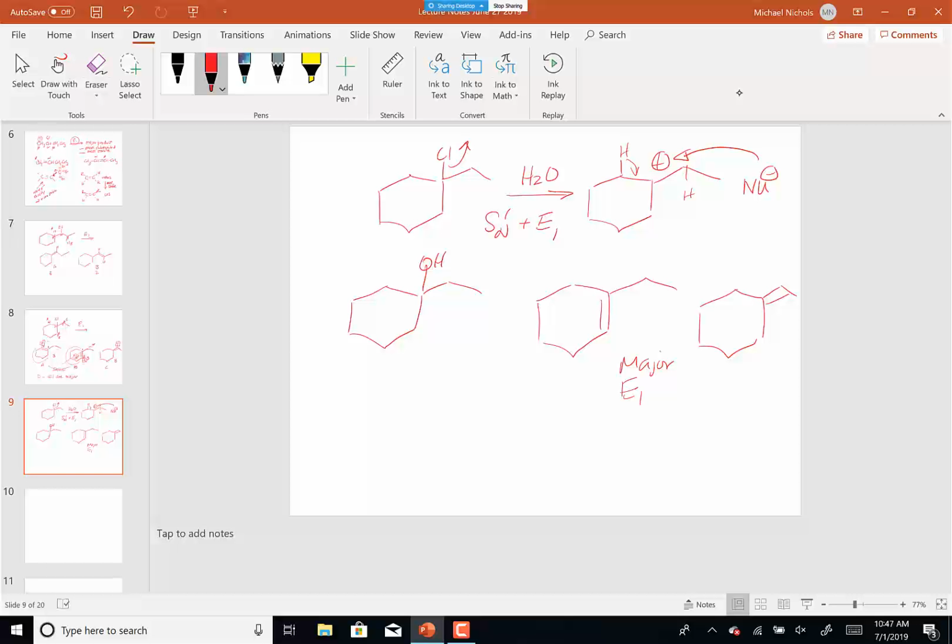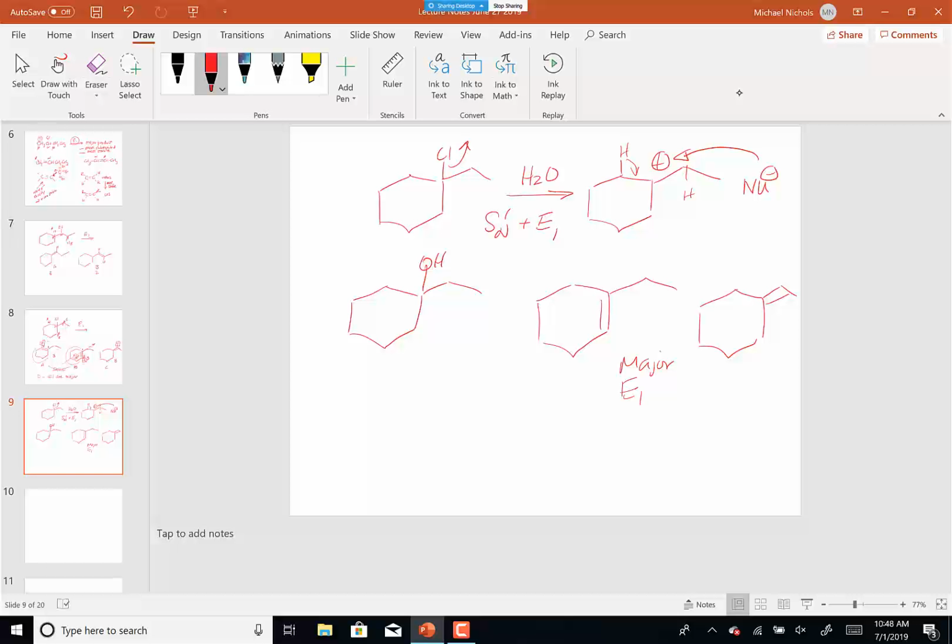It's possible. I mean, it's possible if I raise the temperature that I might get more E1. Or if I use, see, this is what's difficult about this. Because we always get the E1 when we get an SN1 reaction, does it matter how strong of a nucleophile I use?